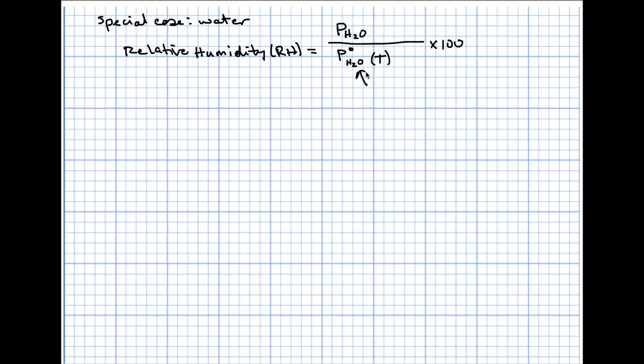Okay, so this right here is the saturation vapor pressure. Okay, so the units for this are percent. So this is another relationship that you need to be familiar with.